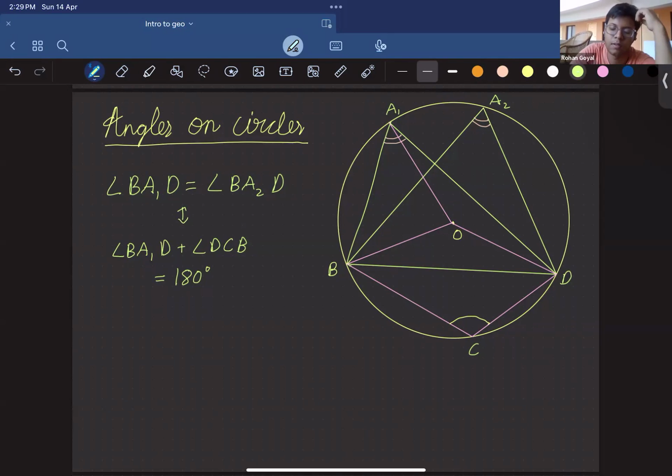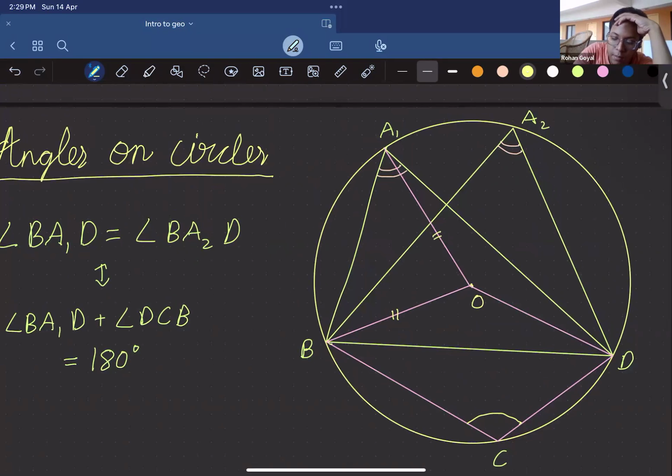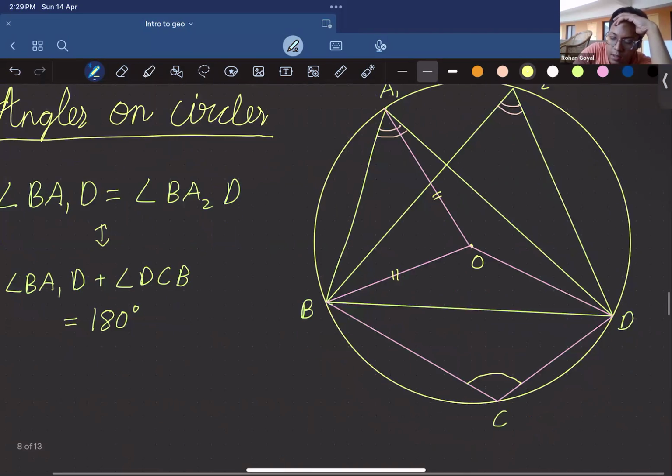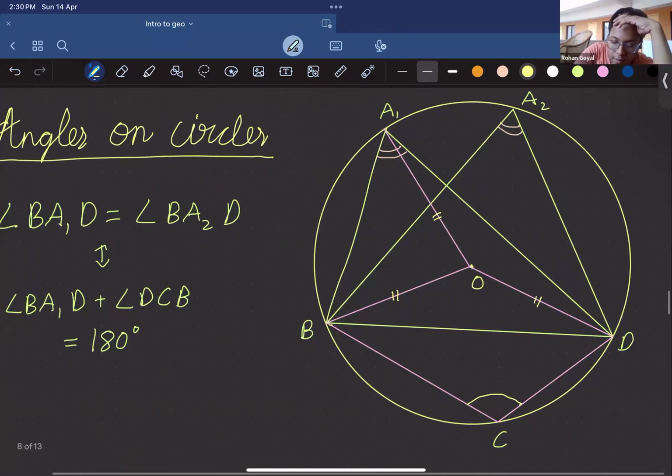So what they're hinting at is this proof. Observe that OB is equal to OA1, because these are on the circle. And similarly, OA1 is also equal to OD. So what you end up getting is this angle and this angle are equal because of the isosceles triangle, because OA1 equals OB.